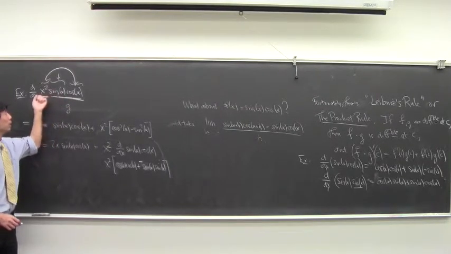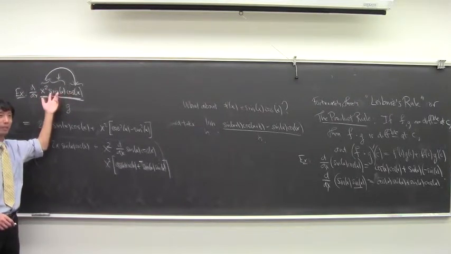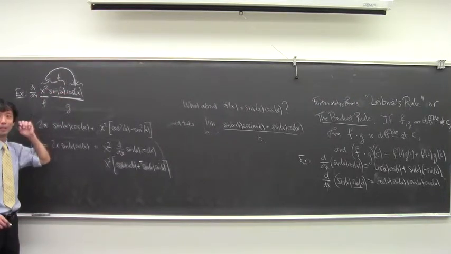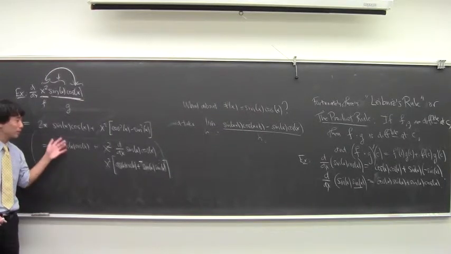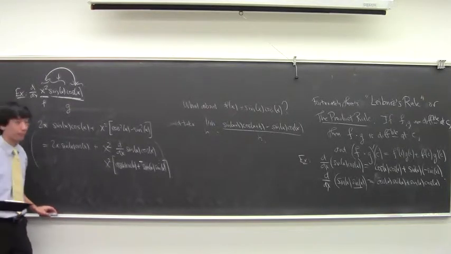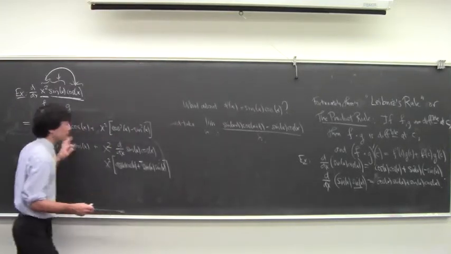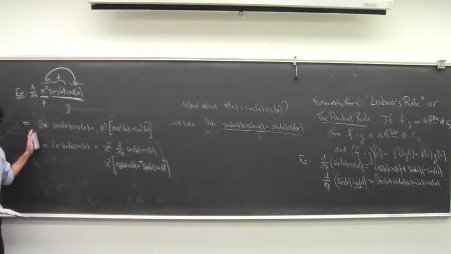I'm going to take the derivative of this, and I need to apply the product rule to this again. So it's not hard. You just end up doing the product rule over again. Any questions about this sort of thing? So this is the product rule. It's pretty handy.